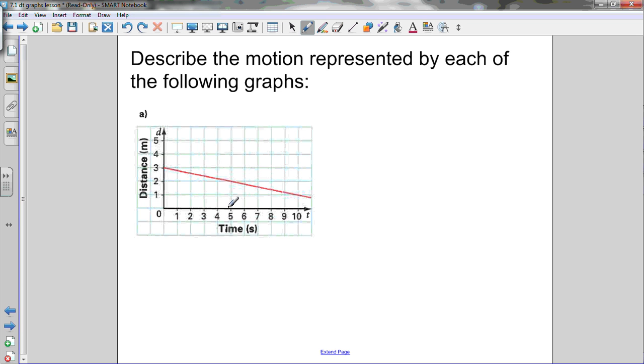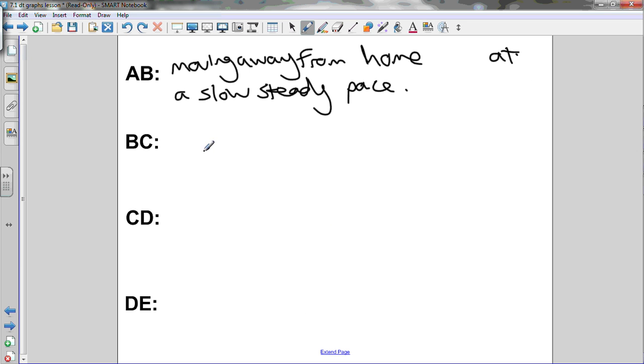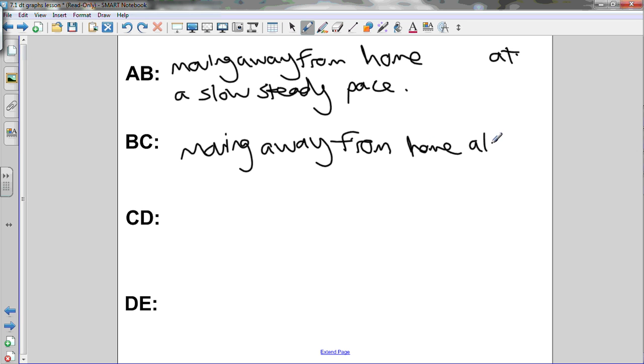In BC, they're moving away from home still, distance is still increasing, at a fast, steady pace, because the line is a lot steeper in the second section. So, once again, moving away from home at a fast, steady pace.